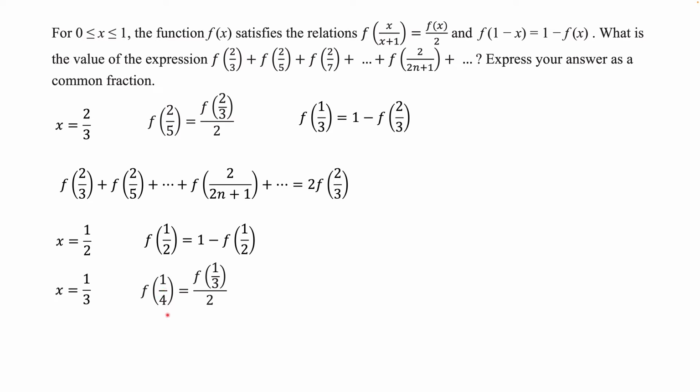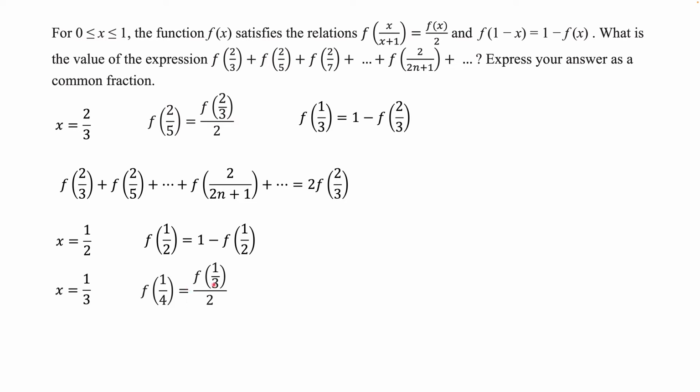Well, it doesn't help me much, because I do know f of 1/2, but this expression takes me away from 1/2, to 1/4 from 1/3. But then, wait a second. We had 1/3, we had 3 here, we got 4 here. It seems to go from the smaller denominator to a larger one.